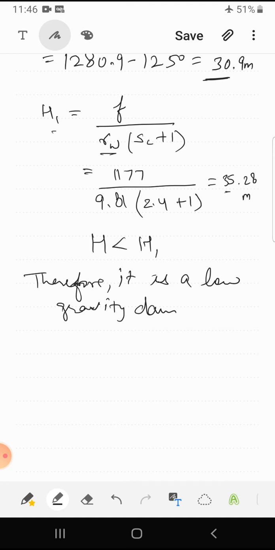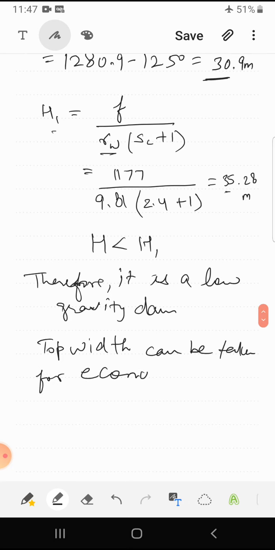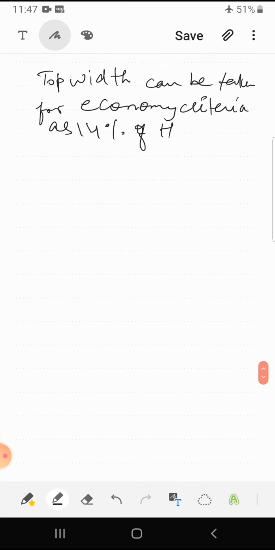Now the top width can be taken from economic criteria as 14% of total height of dam.